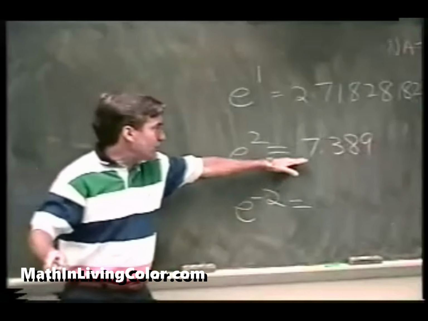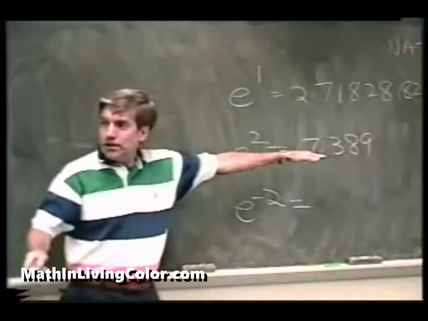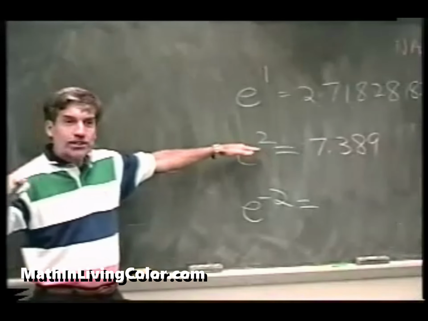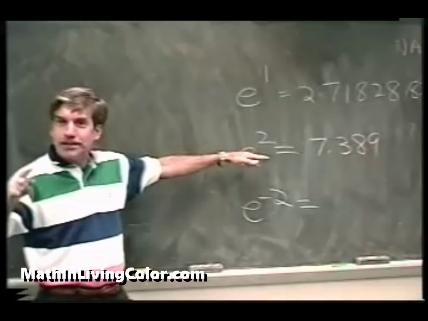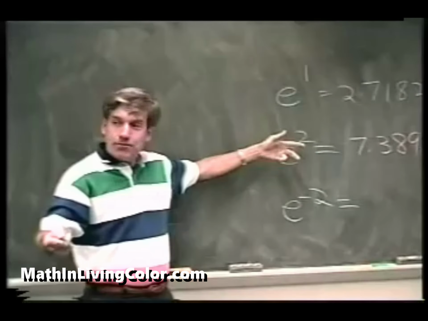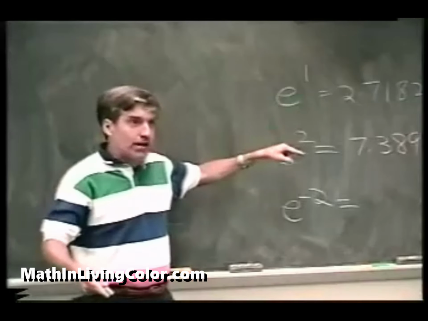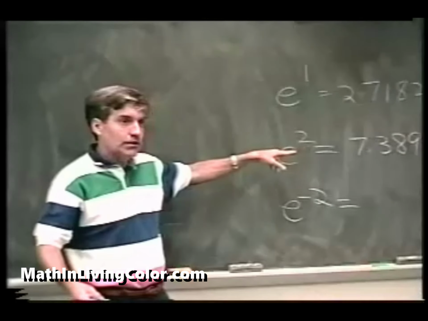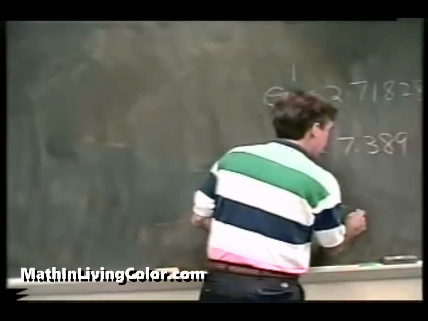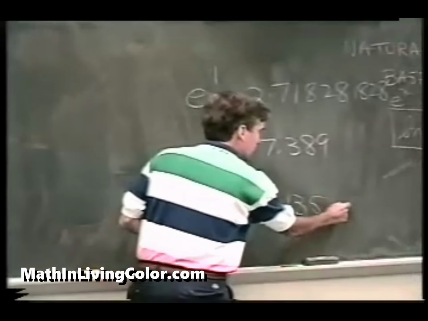That'll get you the reciprocal. That's called the reciprocal function. Anytime you want 1 over, you can push that button and it'll give it to you. 0.1353, something.